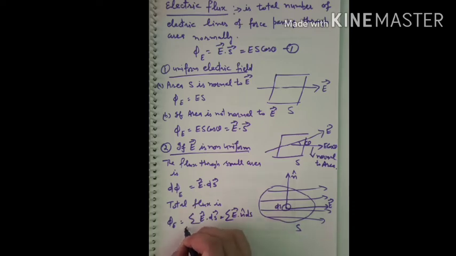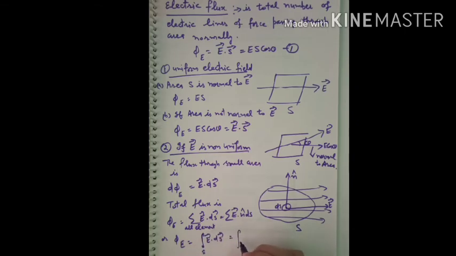So summation means over all elements, or phi E is equal to, replace this summation with integration, integral of E dot ds. This is the symbol for integration. Means in order to find total flux, we use this symbol.